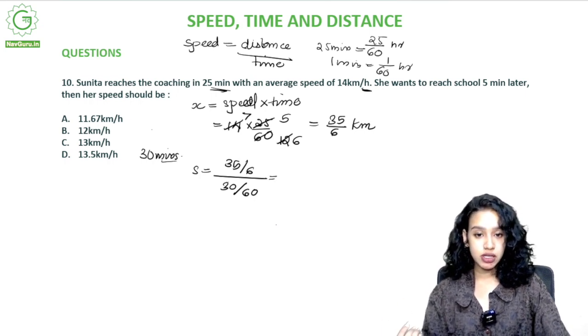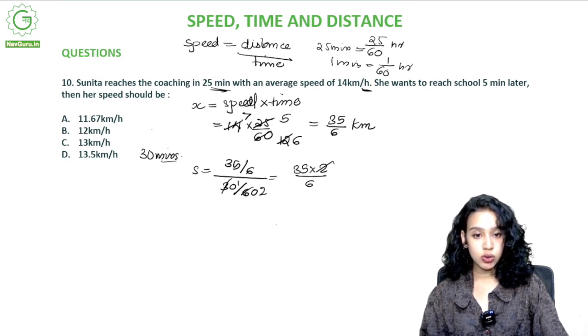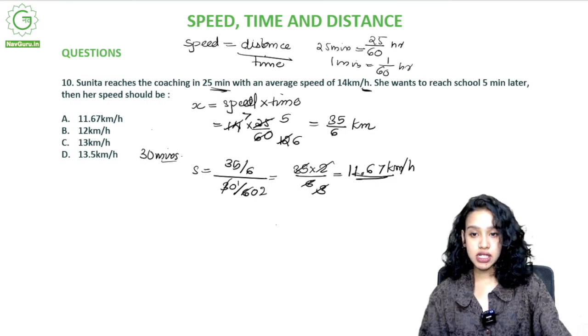So this becomes 1 by 2 from here, 35 into 2 by 6, 2 and 6 cancels out to be 3, and 3 and 35 we could cancel it out as 11.67 kilometer per hour. So the answer for this question is 11.67 kilometer per hour.